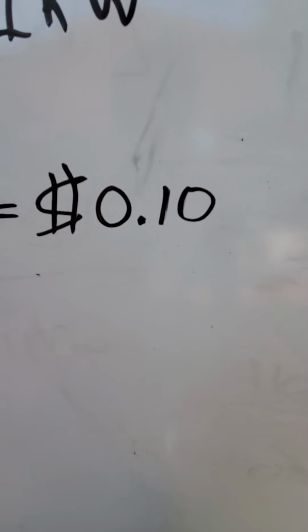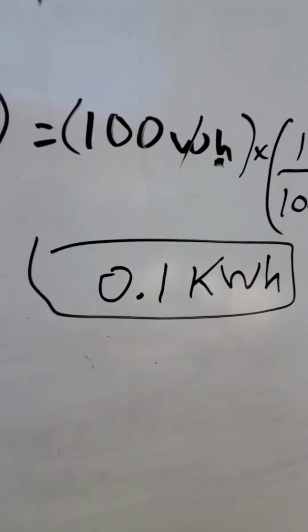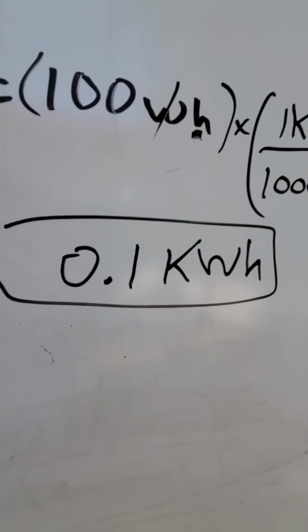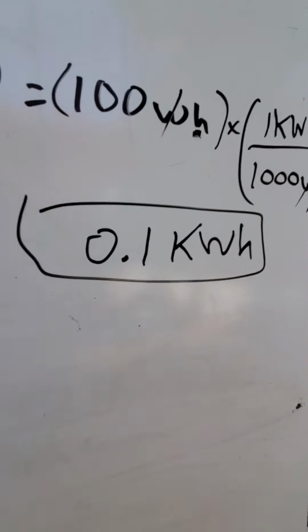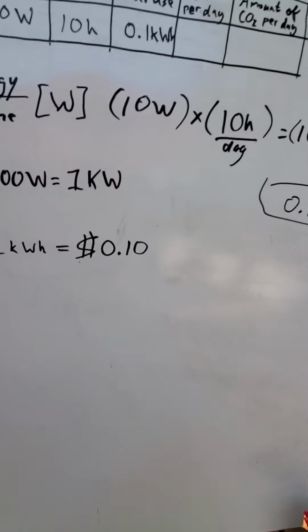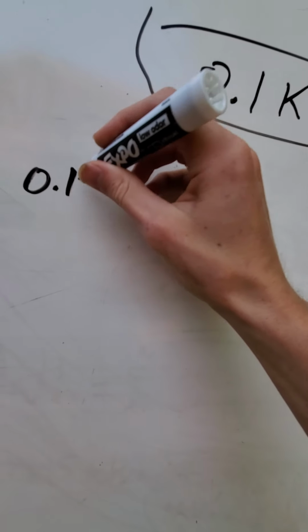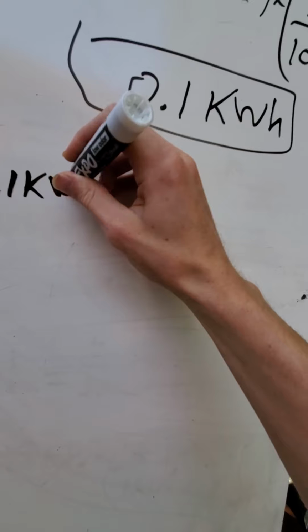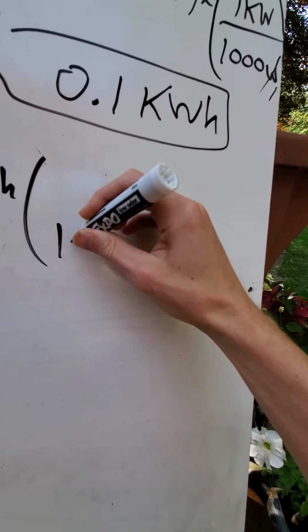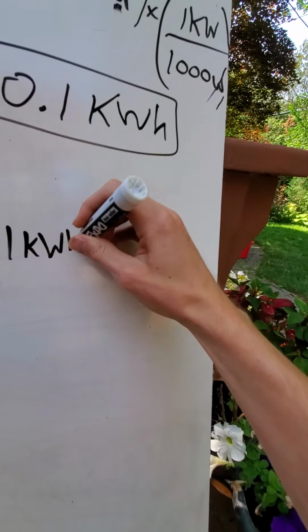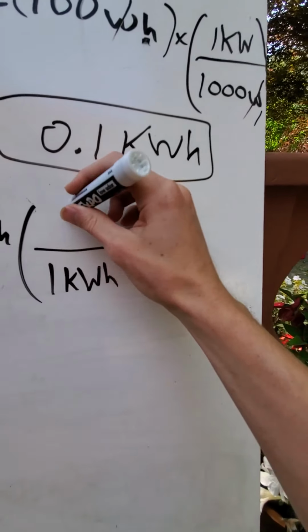So this means that every kilowatt hour of energy we use at our homes is going to cost us 10 cents. So we can convert this to the amount of money it's going to cost us to run that. We can apply another conversion factor here. I'm going to take my 0.1 kilowatt hours, and each kilowatt hour costs 10 cents.